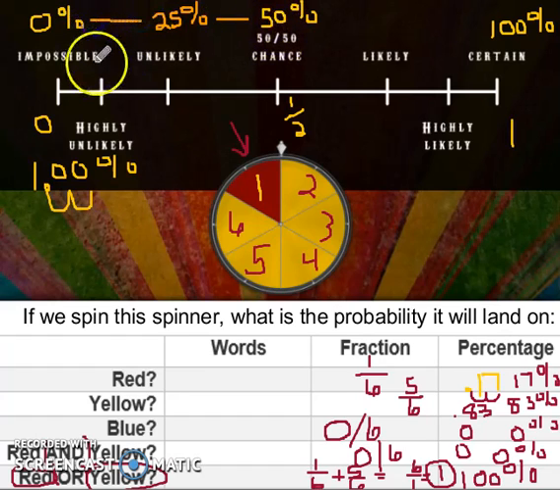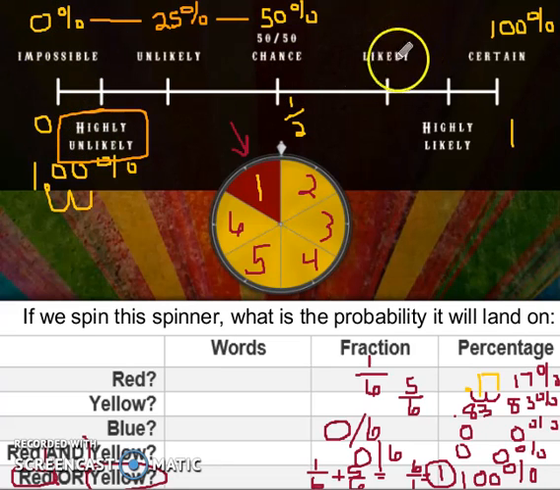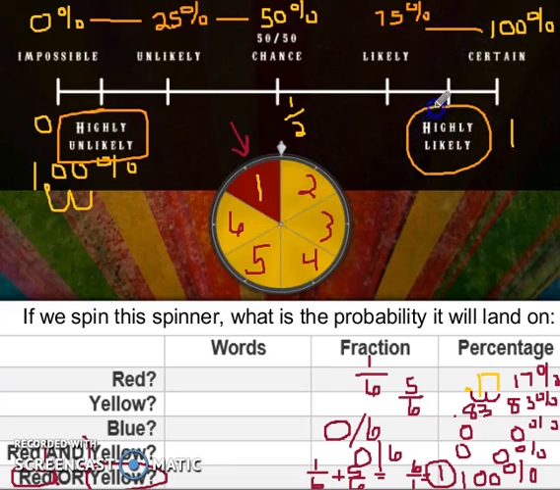If it's under 25%, let's call it highly unlikely, all the way to 0. Okay, and then we can do the same thing with this. This would be 75%. So if it's somewhere in between 75 and 100%, we can call that highly likely. And if it's somewhere between 50 and 75%, we can just call that it's likely to happen.